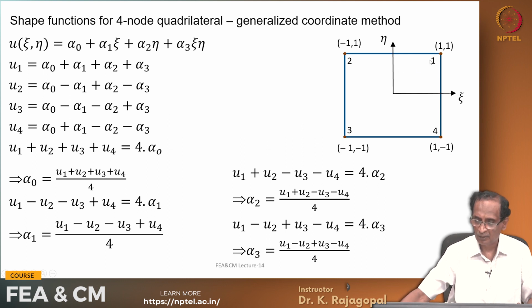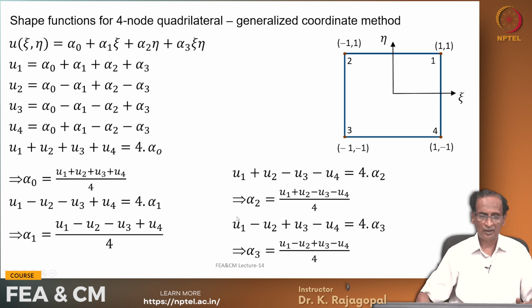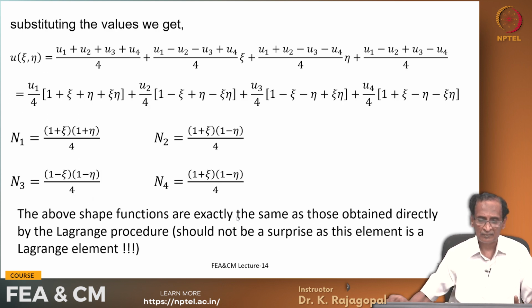At node 1 our xi is 1 and eta is 1, and at node 3 xi is minus 1 and eta is minus 1, and so on. We can substitute all these values and get 4 simultaneous equations, so that we can get the 4 constants alpha naught, alpha 1, alpha 2, alpha 3. These are the generalized coordinates.